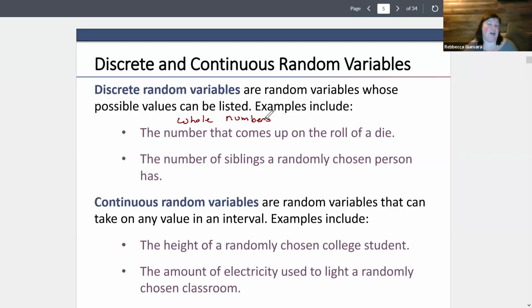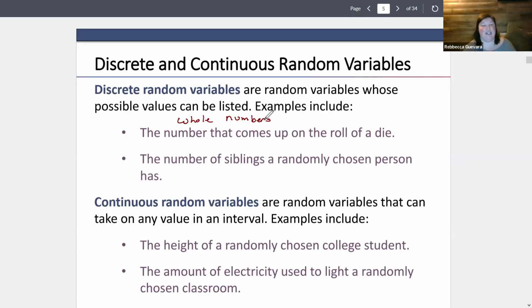Continuous random variables are random variables that can take on values in an interval. So for example, the height of a randomly chosen college student, they could be 5'6", or they could be 5'6.5". They could be 5'6.75". They could be 5'6" and 5/8. There's a range of values in there. Another example is the amount of electricity used to light a randomly chosen classroom.